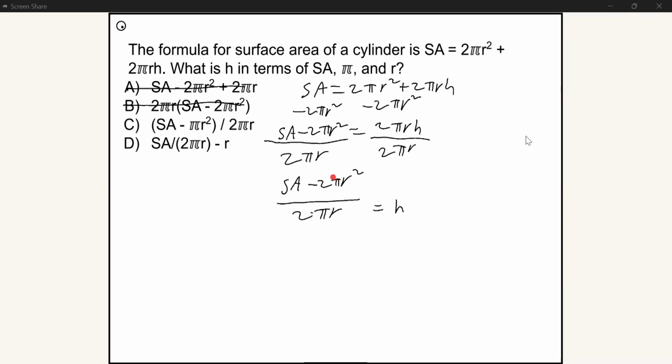If you notice, we can simplify this part, but we can't simplify here. So we'll keep SA over 2 pi r. And then do minus 2 pi r squared over 2 pi r equals h.